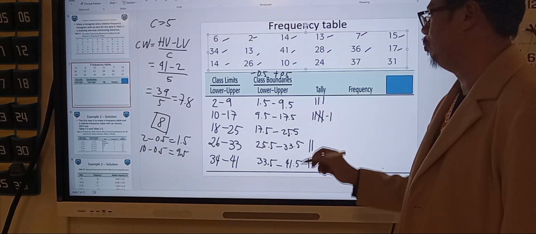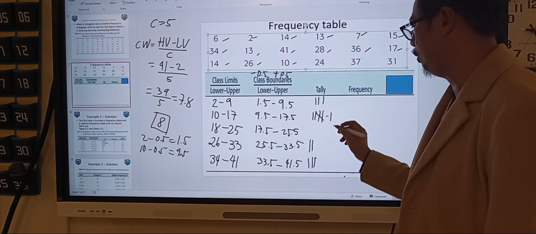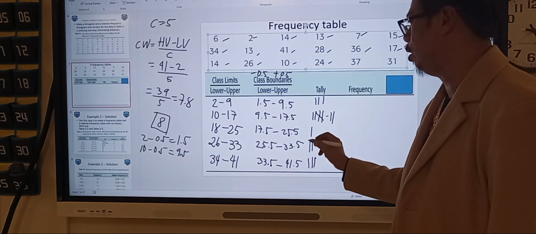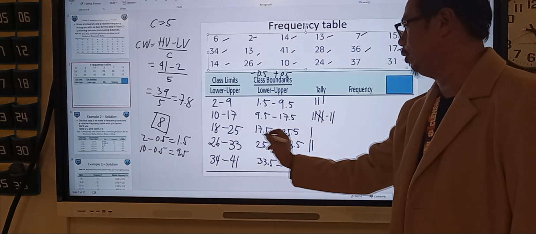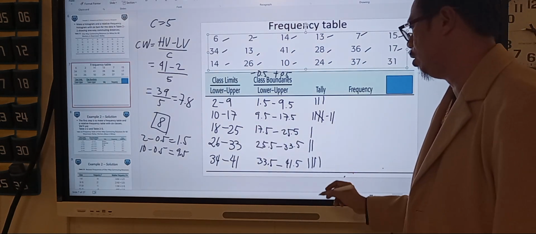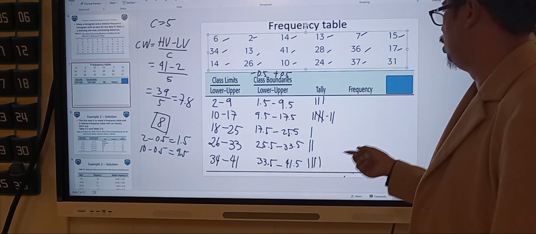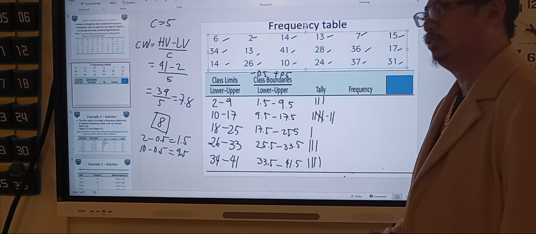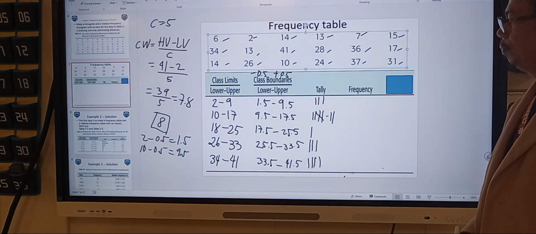Then 10 will be on the range of 10 to 17. 24 will be on the range of 18 to 25. Then 37 will be in the range of 34 to 41. Then 31 is on the range of 26 to 33.